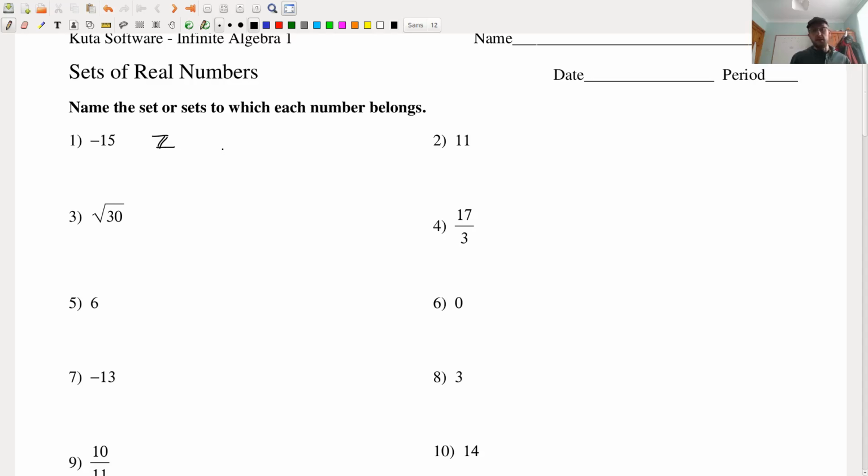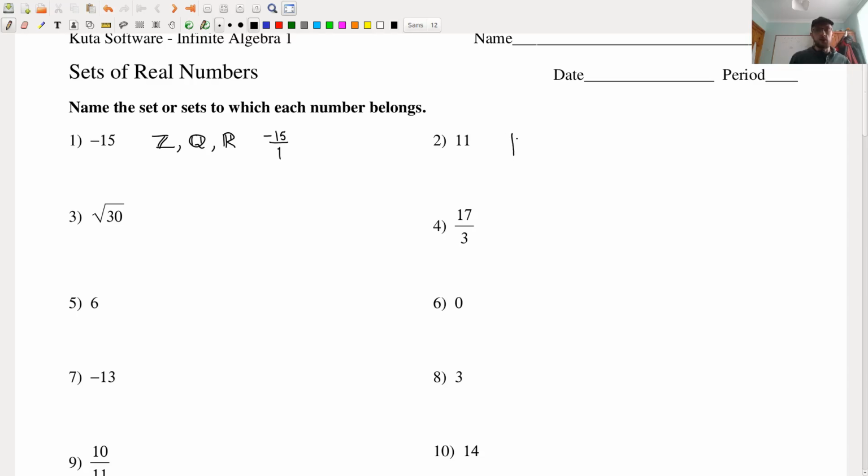And because it's an integer, that means that it's also a rational number, because we can always write this as negative 15 over 1. And because it's a rational number, that also means that it's a real number, because it's on the number line. So you can write Z just by itself, but if you want to have a complete answer, just write Z, Q, and R.